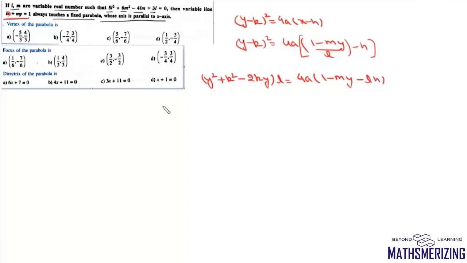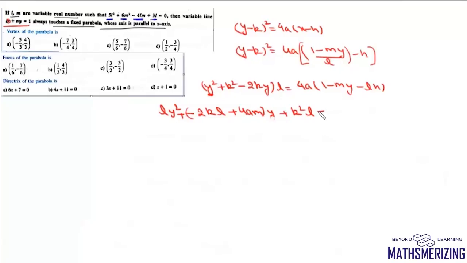So we can write this equation as Ly square minus 2kL plus 4am into y, and then plus k square L minus 4a times 1 minus LH equals to 0.